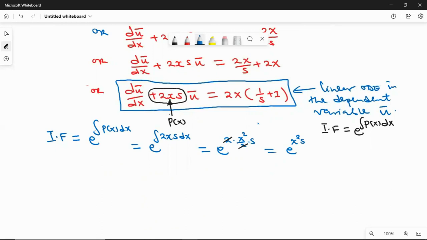Now, multiply the ODE by the integrating factor.